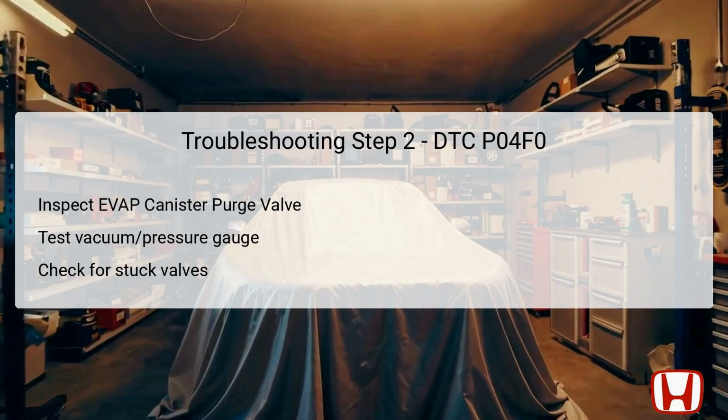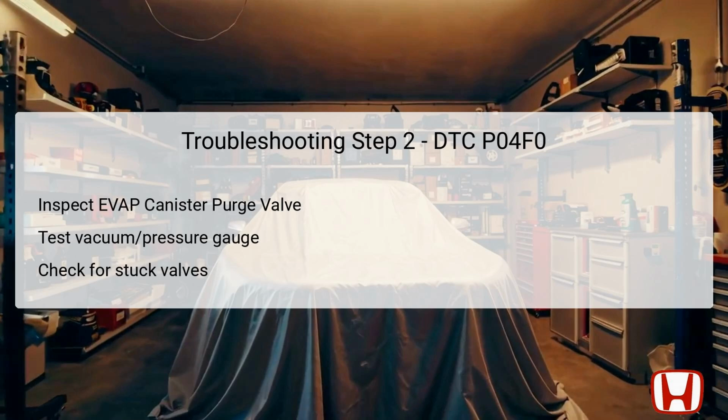In this step, the technician must inspect the EVAP canister purge valve, ensuring it is functioning correctly. Employing the vacuum pump and gauge is crucial here. Technicians should apply a specified pressure to see if the valve holds or leaks, checking for a stuck open or closed condition.